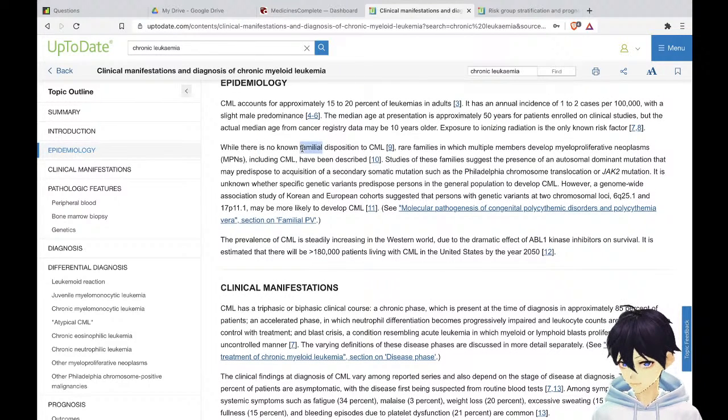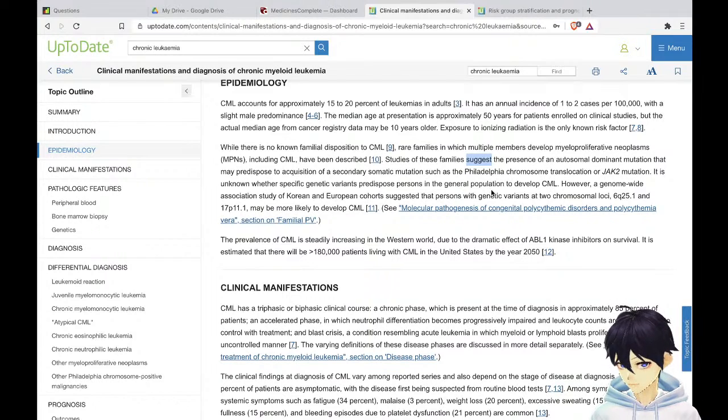While there is no known familial predisposition to CML, rare families in which multiple members develop myeloproliferative neoplasms, including CML, have been described. Studies of these families suggest the presence of an autosomal dominant mutation that may predispose to acquisition of a secondary somatic mutation such as the Philadelphia chromosome translocation or JAK2 mutation.